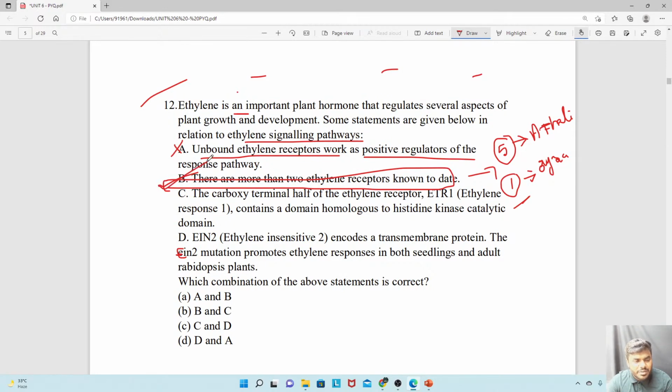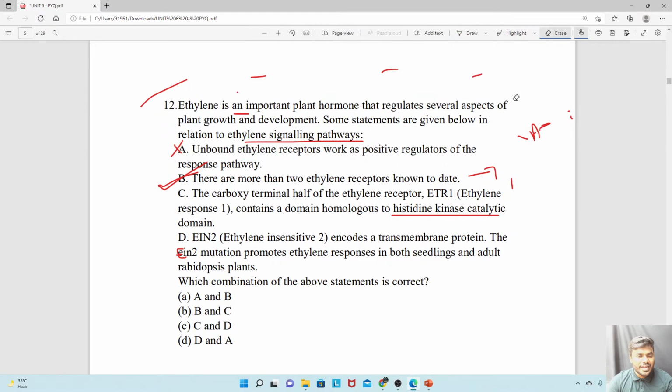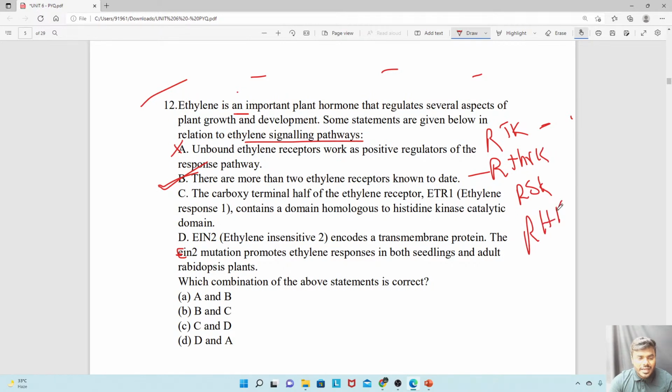Right statement, option B. Option C: the carboxy terminal half of the ethylene receptor ETR1 contains a domain homologous to histidine kinase. How many times have I reminded you, even in Unit 4? We have different types of receptor kinases, right? Receptor tyrosine kinases, receptor threonine kinases, receptor serine kinases, receptor histidine kinases.